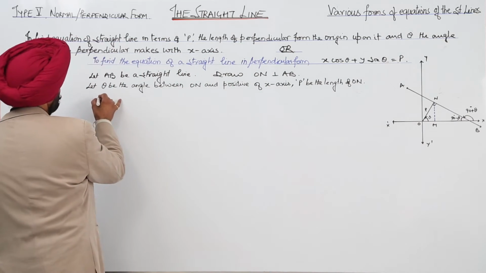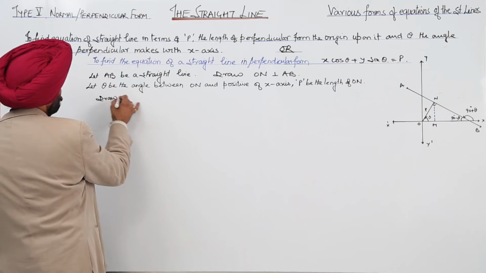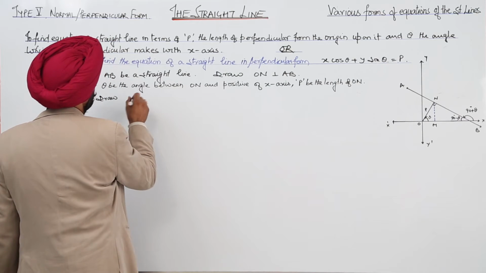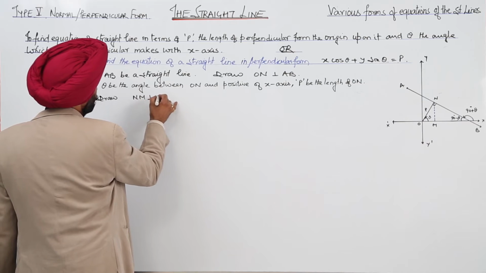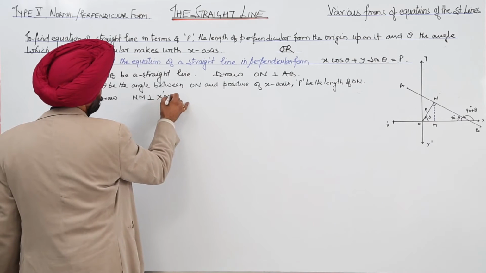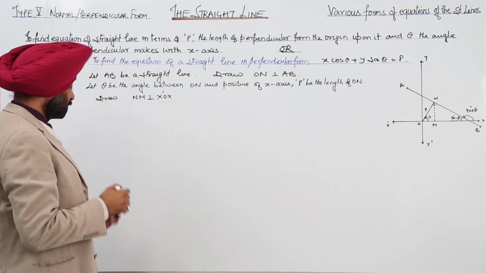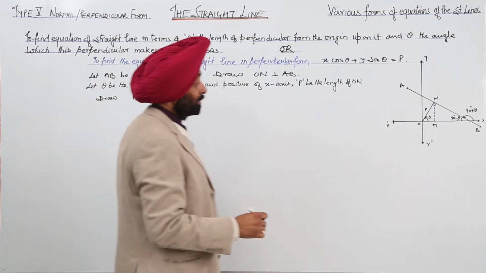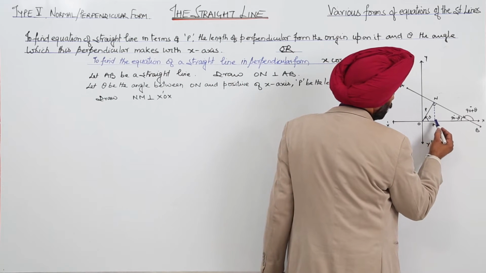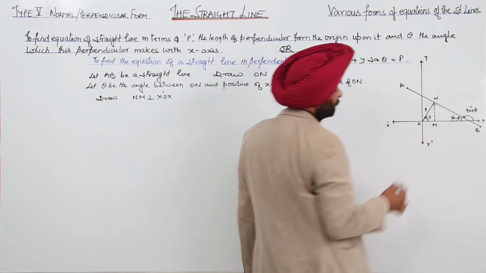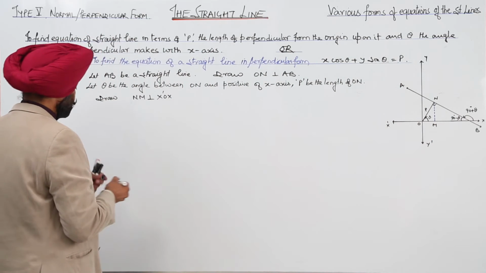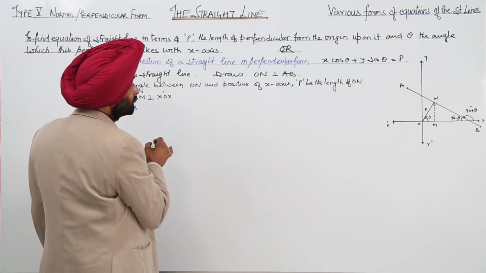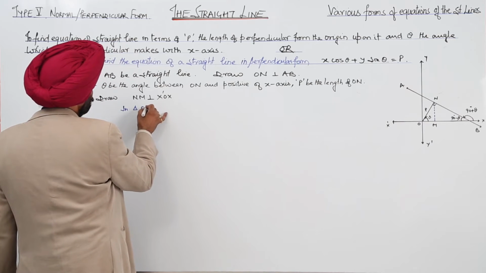Now draw NM perpendicular on the x axis. Now when we have drawn NM perpendicular to X'OX, the x axis, we get a triangle OMN.